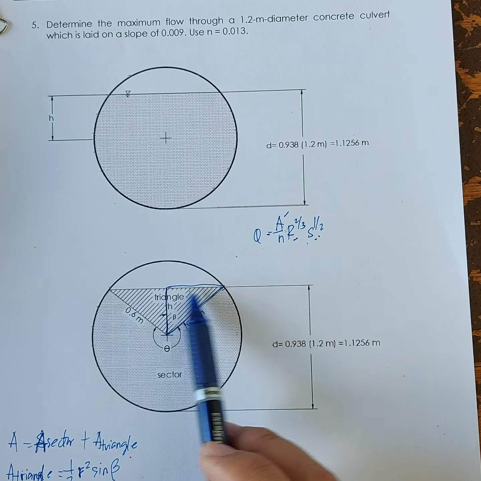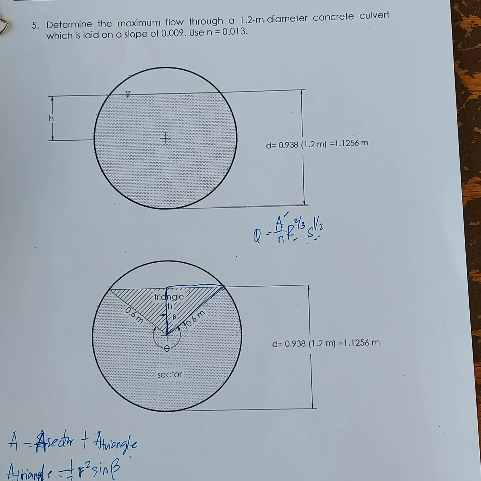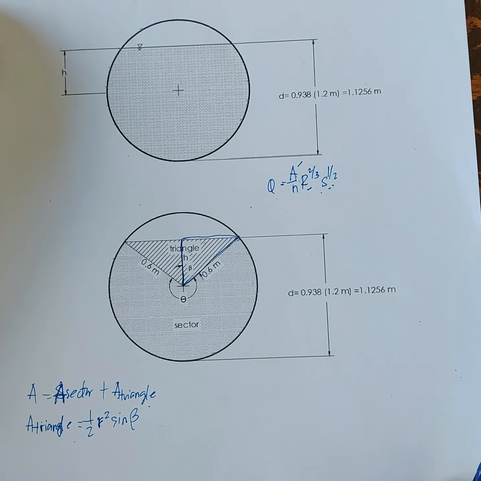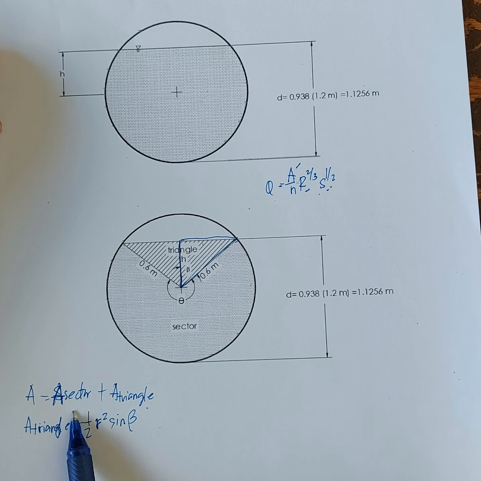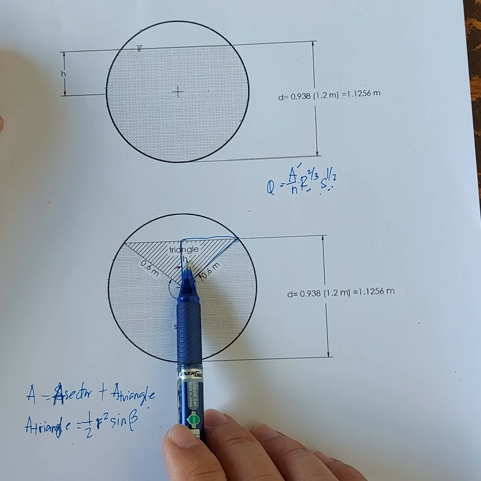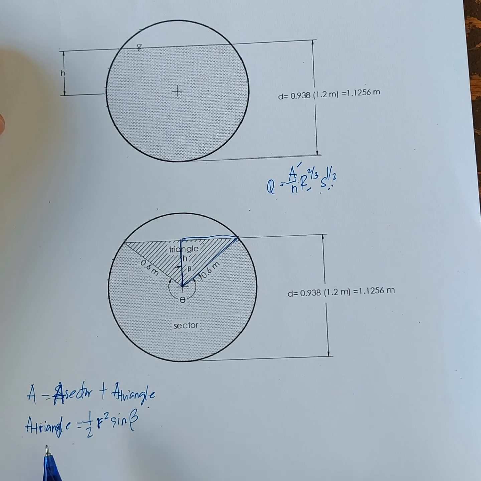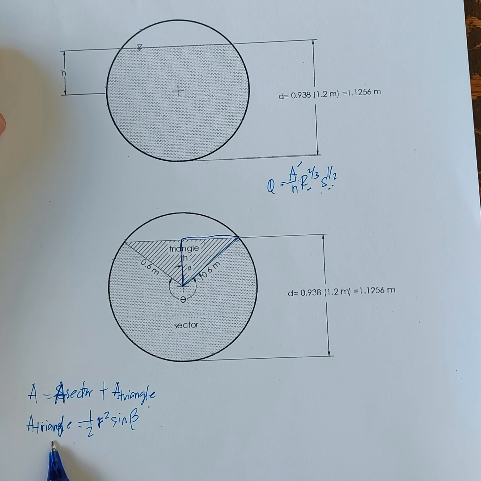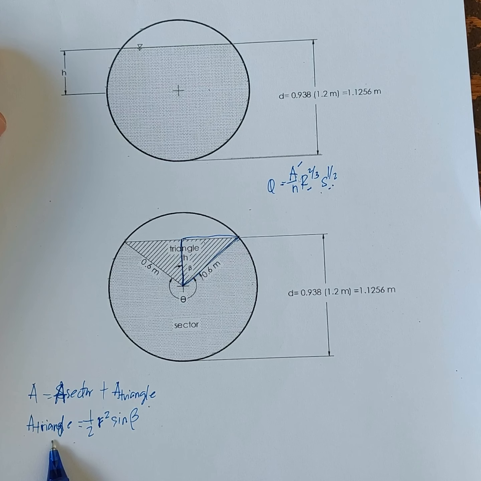So the total area is the sum of the area of the sector and the area of the triangle.